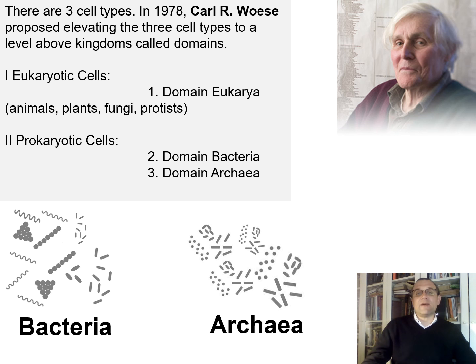In 1978, American microbiologist and biophysicist Carl Woese proposed to divide all living things into 3 domains because of their differences in chemical composition. Here are those 3 groups, or as Carl Woese called them, domains.